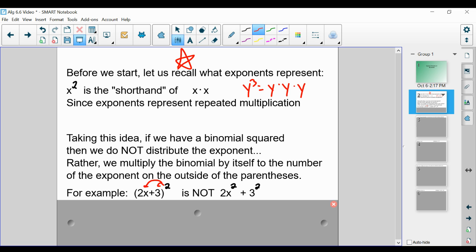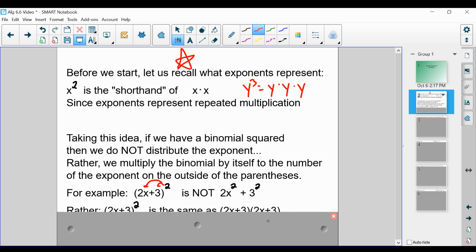We know that x squared is x times x. Y to the third, or y cubed, is y times y times y. So what we do is we take what's inside the set of parentheses, that 2x plus 3, and we multiply it together twice. So it turns out it's 2x plus 3 times 2x plus 3, because exponents represent repeated multiplication. So it's telling us that 2x plus 3 will be multiplied by itself twice.